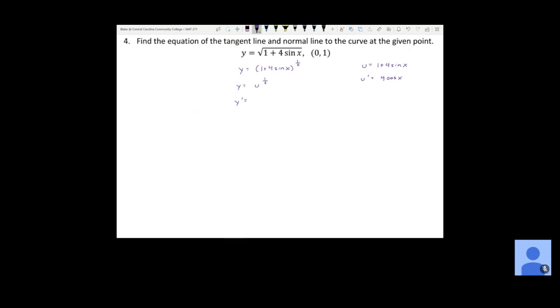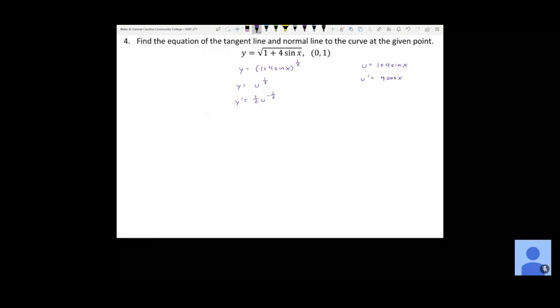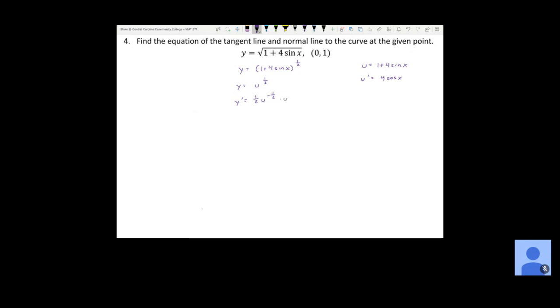And now what's our y prime going to be in terms of u? Good, right, so bring down the 1/2, take 1 away from our exponent, that gives us a negative 1/2. Don't forget, because it's the chain rule now, have to have the u prime. Good. All right, now we have all the pieces we need, just plug them back in.